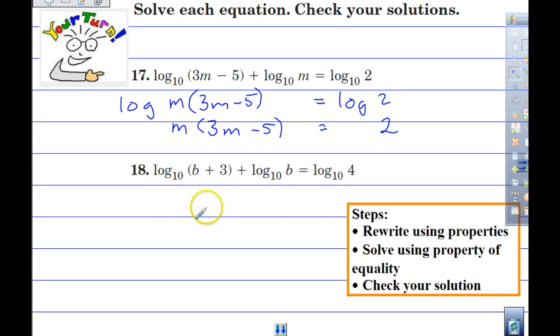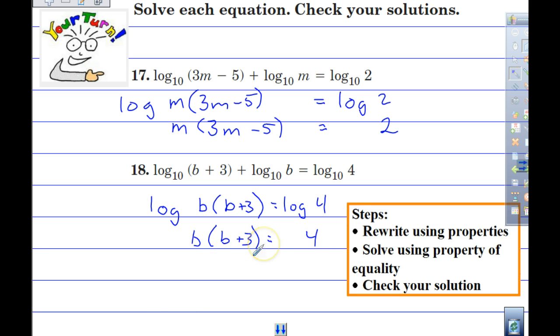What about 18, setting it up? Log of b times b plus 3 equals the log of 4. So b times b plus 3 equals 4.